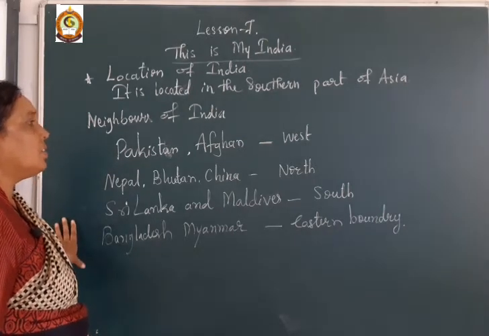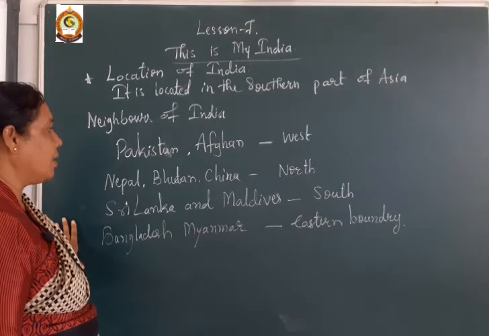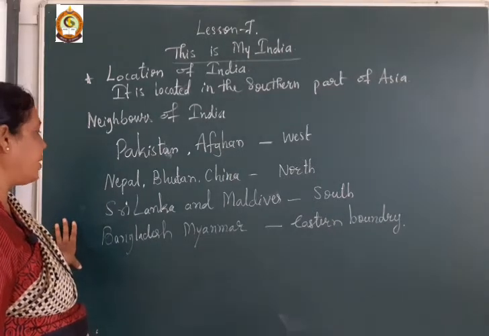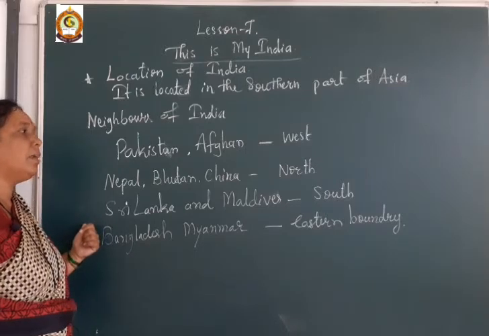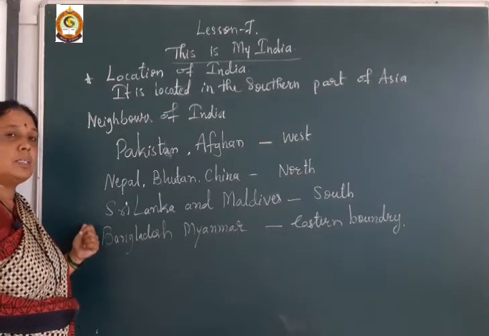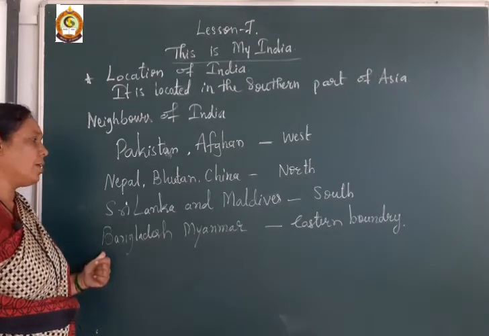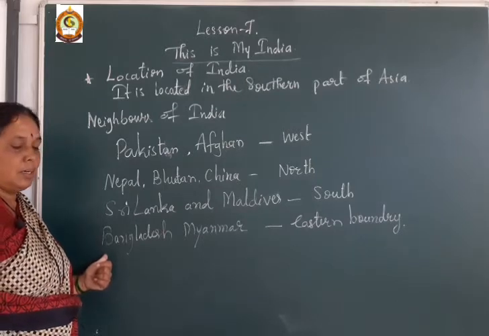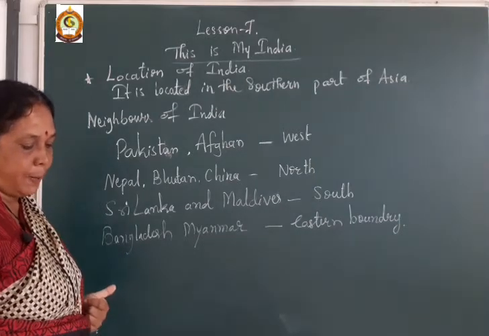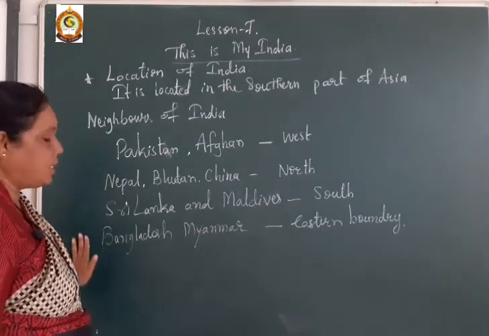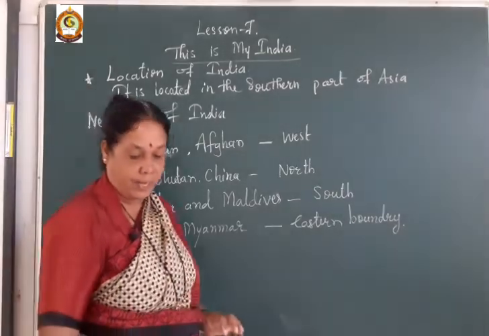Nepal, Bhutan, and China lie to the north of our country, and Sri Lanka and Maldives lie to the south, and Bangladesh and Myanmar are on the eastern boundary. Okay, dear student? So, these are the neighboring countries of India.